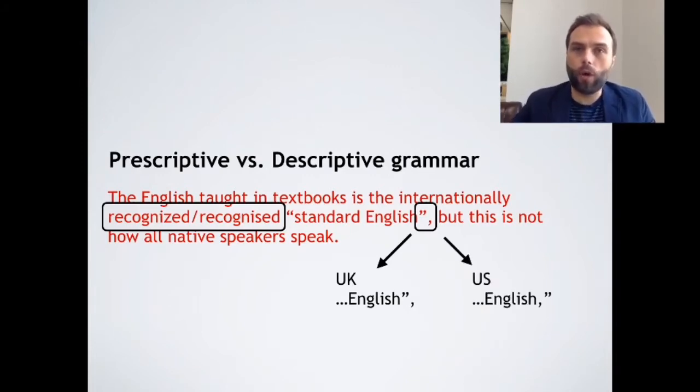In the US, the comma is inside the quotation mark. So even with punctuation, there are varieties. So you can see here that we have varieties of spelling and varieties of punctuation.